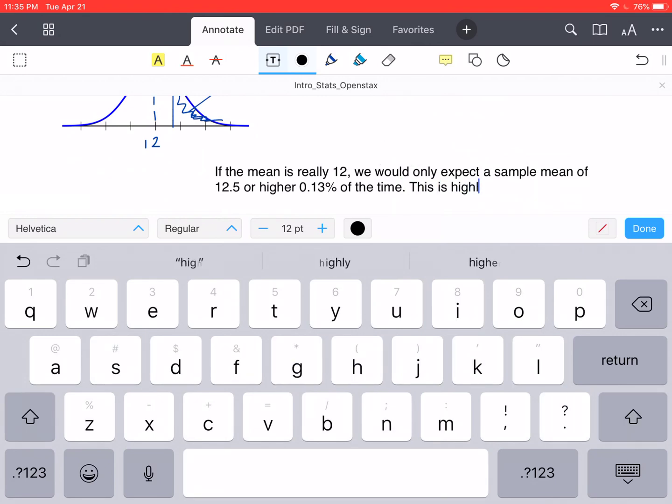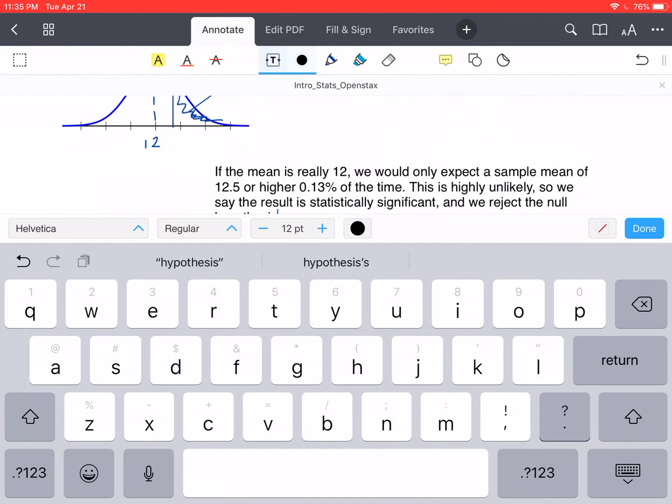This is highly unlikely. So we say the result is statistically significant, and we reject the null hypothesis.